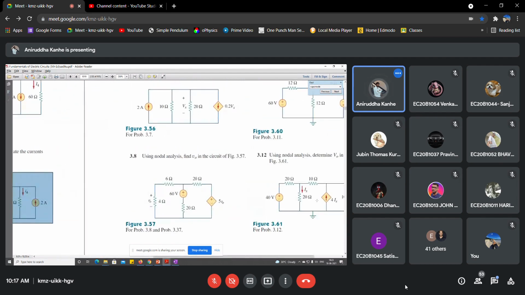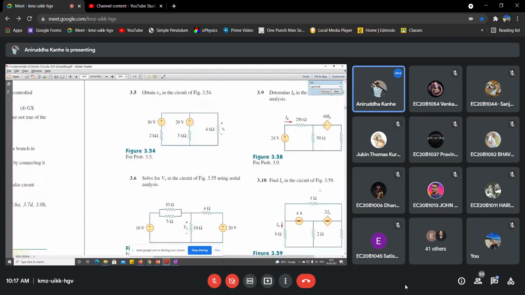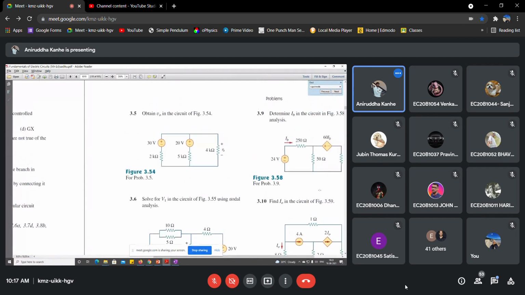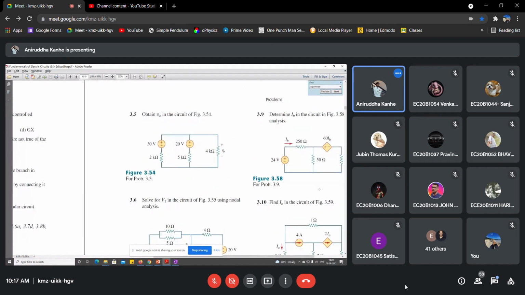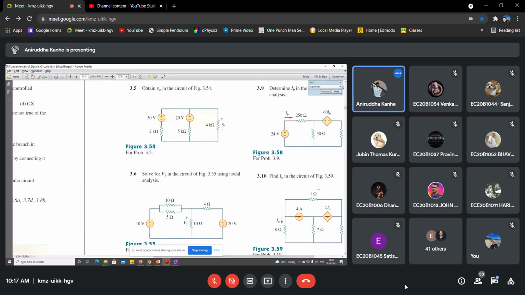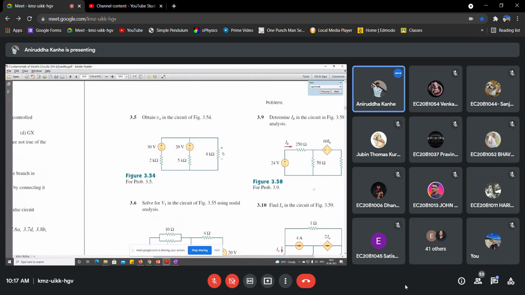Let's go to a few more. This question I am not going to solve because this requires the concept of a super node, or basically it can be solved very easily using the loop method. So you have to understand which circuit needs to be solved by which method. Whenever there are loops and you have voltages in them, it is better to use the loop method.